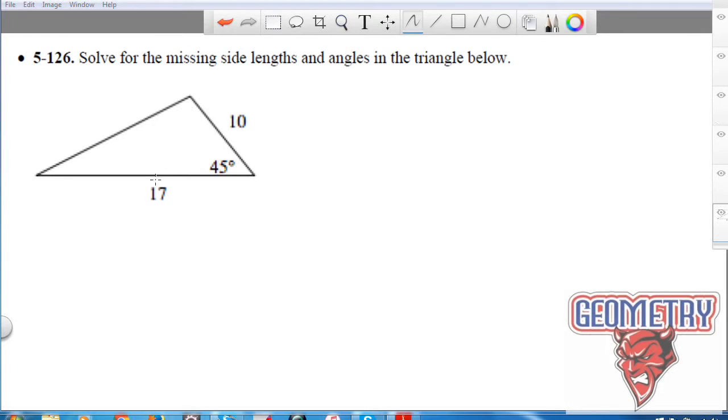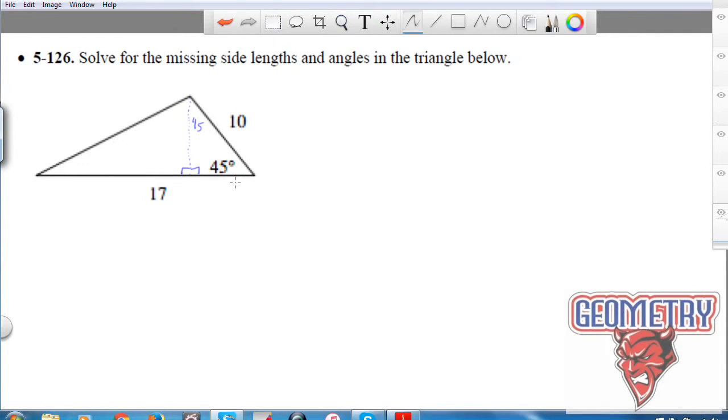And then you could use the law of sines to find the angles. So that's one way. The other way is to kind of visualize, since we see this 45 here, this as a 45, 45, 90 triangle, and then another right triangle attached next to it.